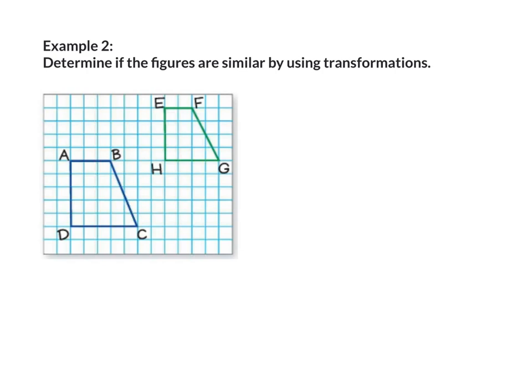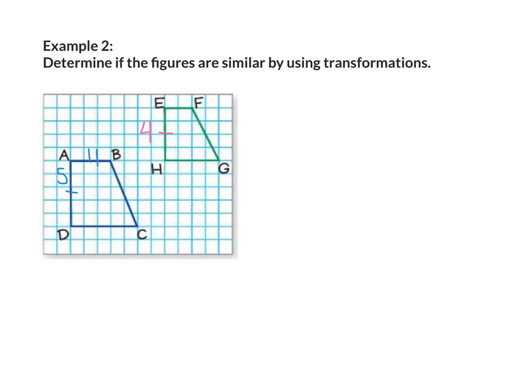Example number 2. Determine if the figures are similar by using transformations. Now it looks like the big figure was translated and then reduced. So what I'm going to do is find the side lengths of each figure. So the side length of AD, I'm going to give it 1 dash, and it's 1, 2, 3, 4, 5 units long. AD corresponds to EH, so EH will have 1 dash, and it's 1, 2, 3, 4 units long. Now we'll find side length AB.